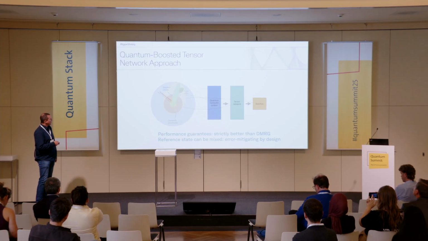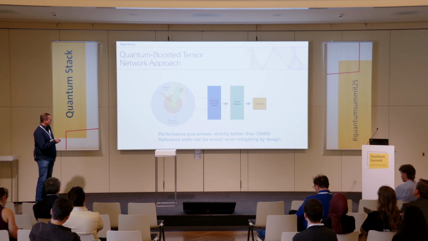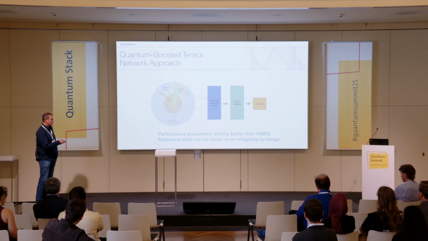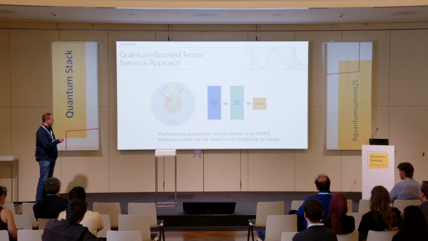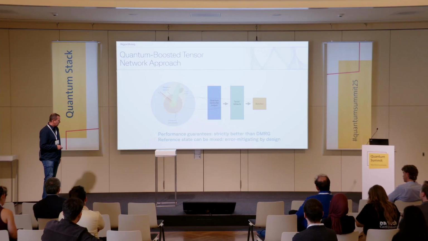So we use an approach in post-processing that takes the output from a quantum computer together with the classical tensor network, and combines the strengths of both to cover a much larger target space.